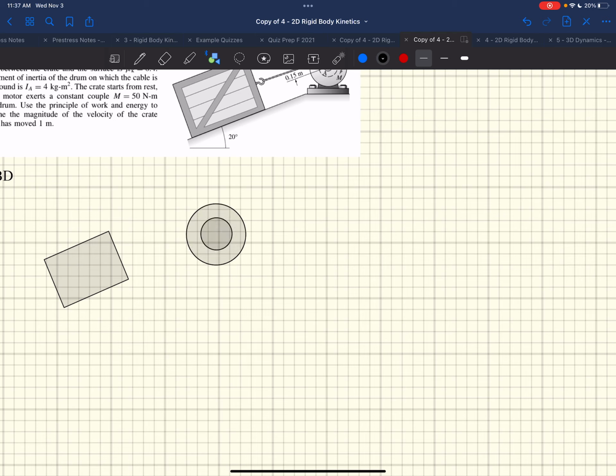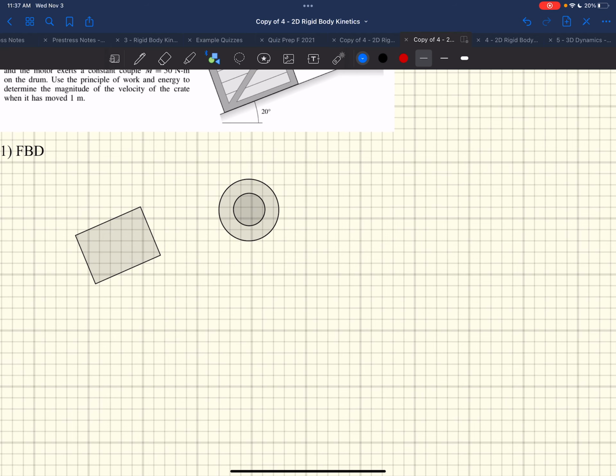Let's look at the forces acting on these two objects. We've got mass times gravity acting through the center, a normal force, and a friction force. The problem statement says that there is indeed friction.